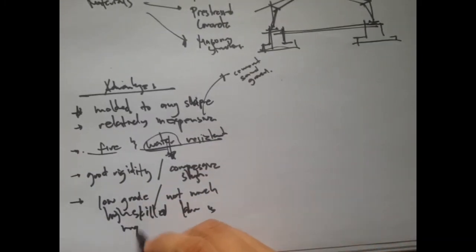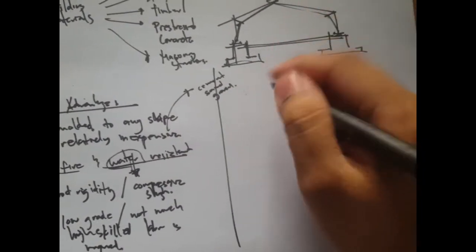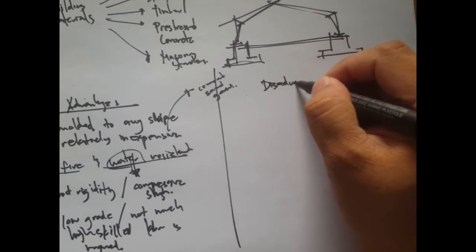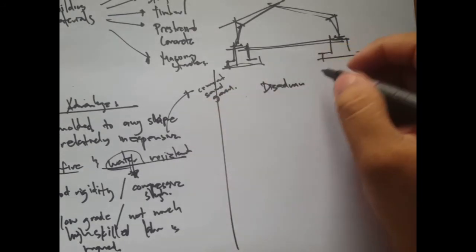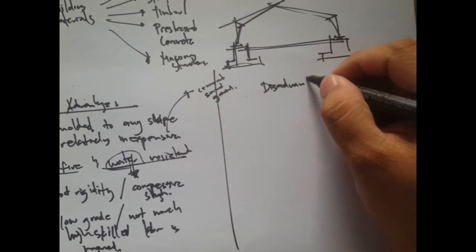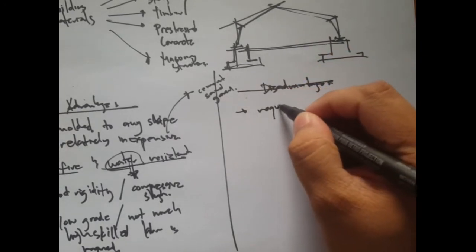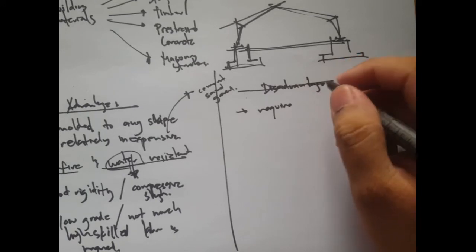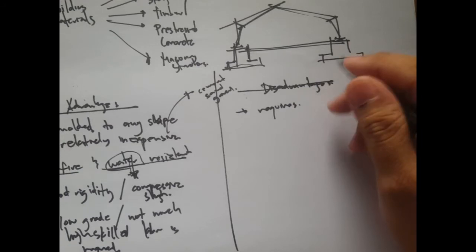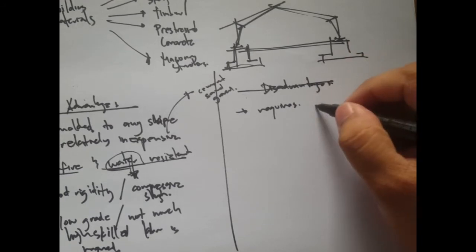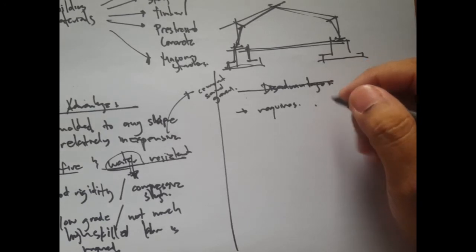In spite of these advantages, there are also disadvantages. That's common in every building material. So we have advantages, but we also have disadvantages. It requires form. Of course, you need form so that you can mold your shape. But that requirement means additional material and additional labor.